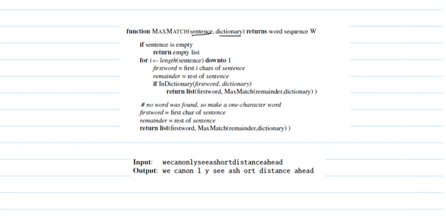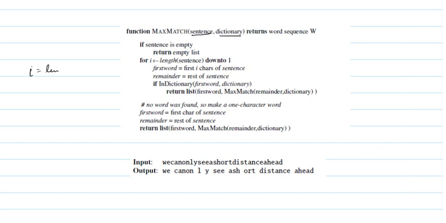So, if the sentence is empty, then return an empty list. This is simple. So we have I as the length of the sentence. We have a loop that moves from the length of the sentence down to 1, right?